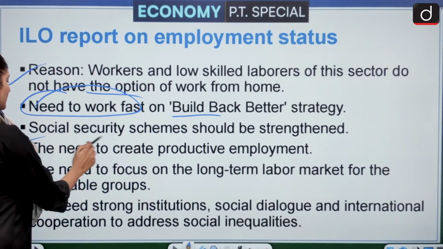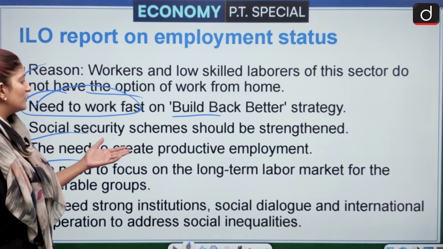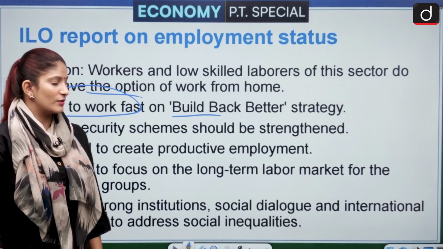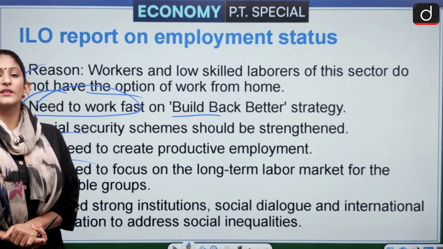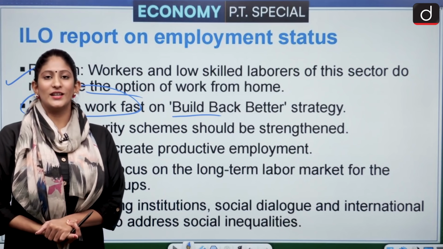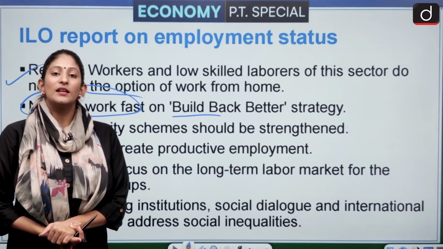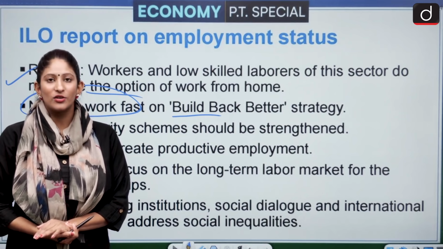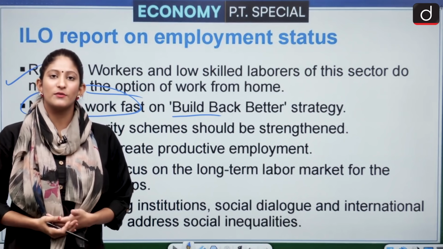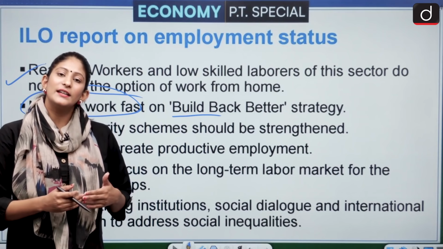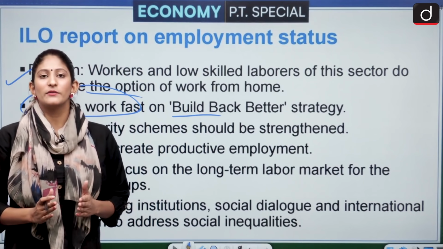And social security schemes we have discussed, and the need to create productive employment is also there, specifically with the coming in of artificial intelligence and the mission of Digital India. Now, India wants to move towards the direction of upskilling and upgrading the workers, also creating a limited ground for artificial intelligence.